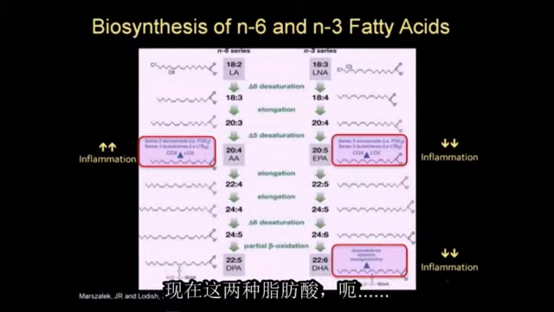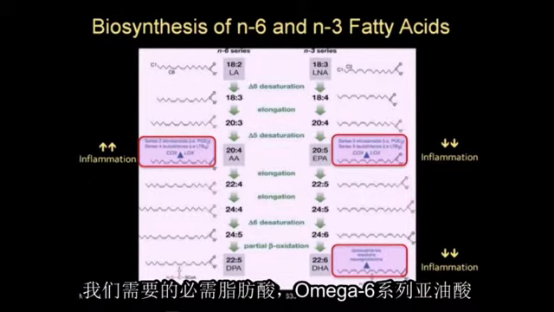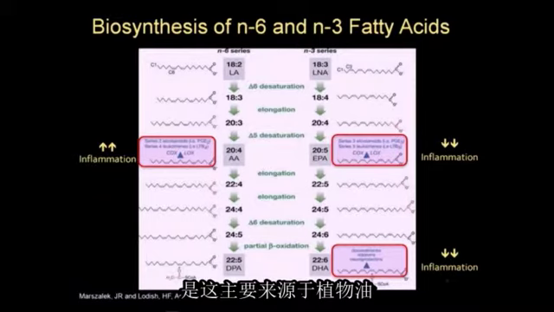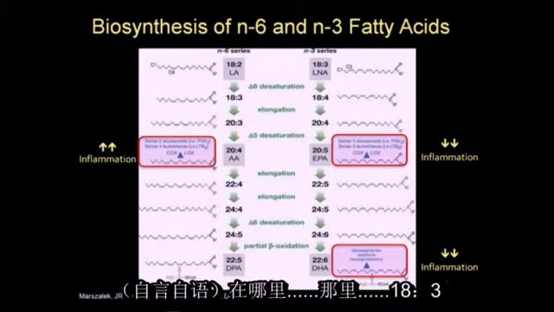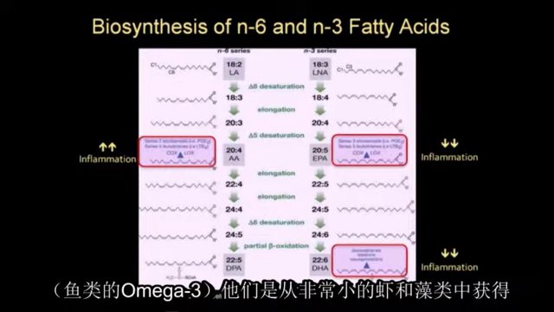Now, both these fatty acids, we need the essential fatty acids, linoleic acid for the omega-6 series, which we get largely from vegetable oils, and the omega-3 fatty acid, even fish. Fish have to have the essential fatty acid, alpha-linolenic acid, we get from very small shrimp and algae.